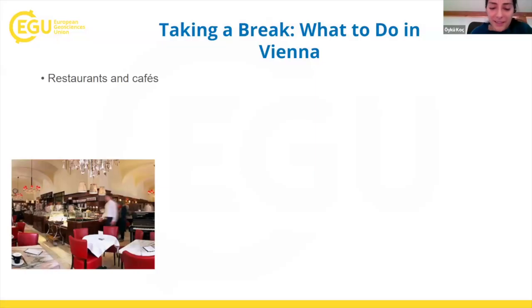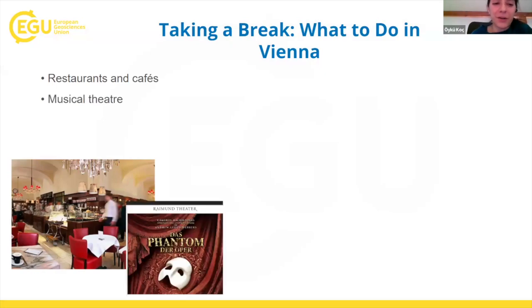So, as I said, it's quite overwhelming. It's very dense. I hope you find some time to have a breather so you can just get out of the conference center and roam around in Vienna. One thing you can do is go and check out restaurants and cafes. Vienna has some good offerings. Or you could go and check out musical theater.